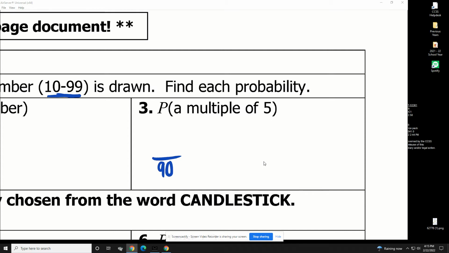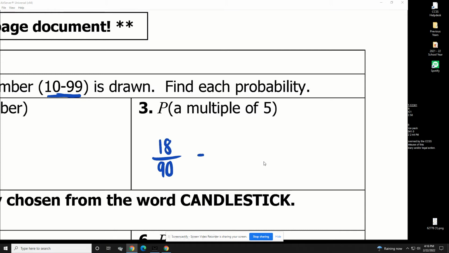But multiples of 5s. Again, included within the range of 10 to 99, that includes 10, 15, 20, 25, 30, 35, 40, 45, 50, 55, 60, 65, 70, 75, 80, 85, 90, 95. Now, if you counted that on your fingers or whatever as we did, that's 18. 18 that were multiples of 5.